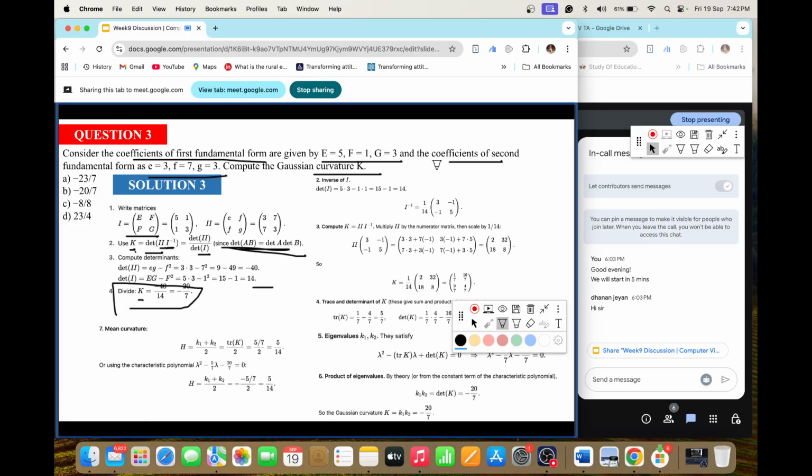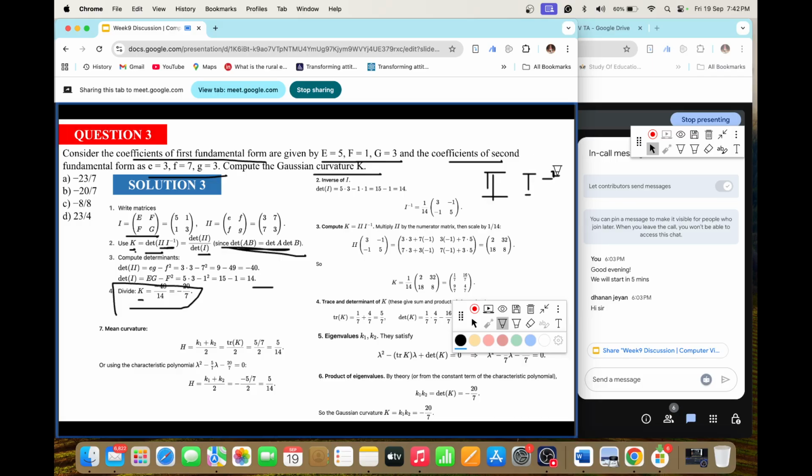Another trick is to go with the long method. Our linear map is nothing but the second form times the inverse of the first form. This is the equation of the linear map.